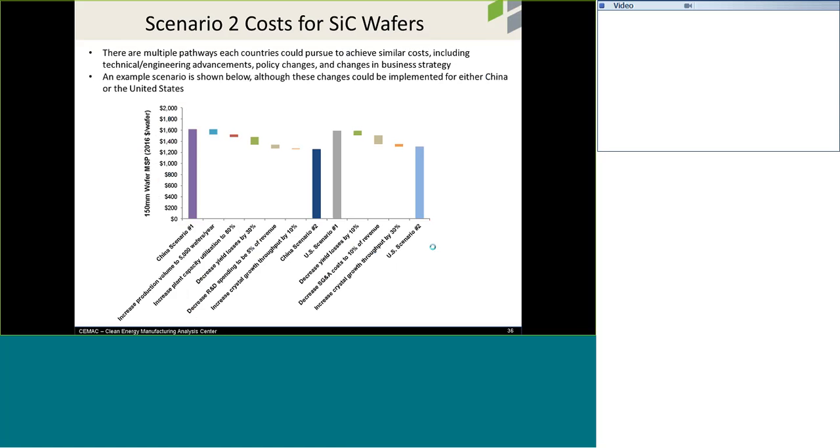And then in China, if you increase your production to 5,000 wafers a year, which increases your plant utilization, decrease your yield losses, decrease your R&D spending, and increase crystal growth, it looks like you could implement either scenario, and the U.S. and China would both have cost reductions and be about on par.